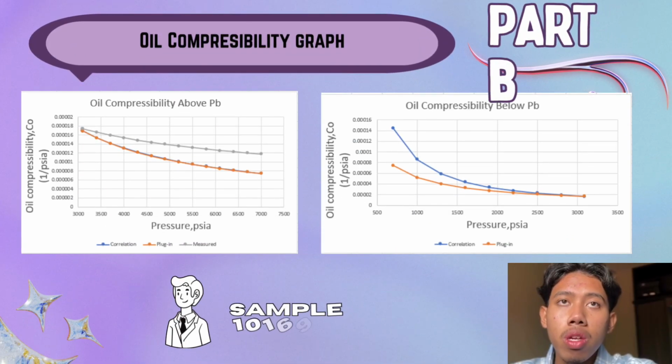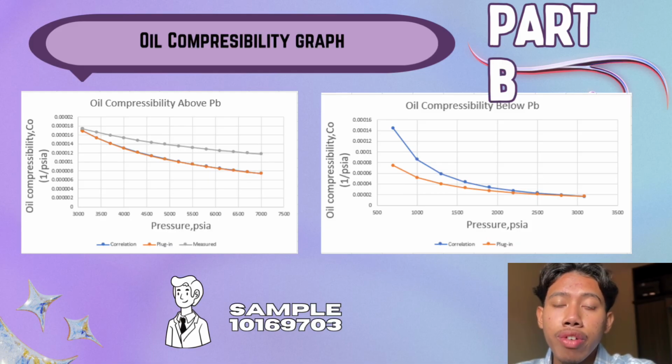We also plot the graph of oil compressibility above bubble point and below bubble point for the sample 10169,703. For the left side, as usual, is for the above bubble point, and the right side is for the below bubble point.